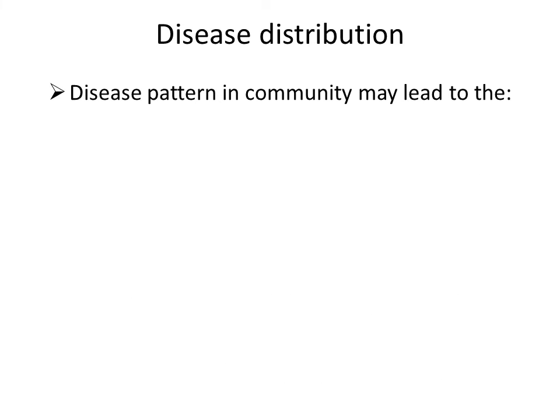Distribution of disease. We have already discussed that by distribution we mean the pattern of disease in the given population. By knowing the pattern of disease, we can help in generation of hypothesis. What is hypothesis?